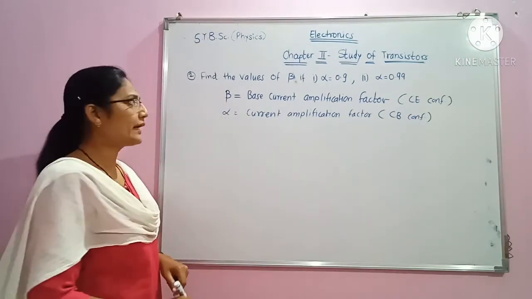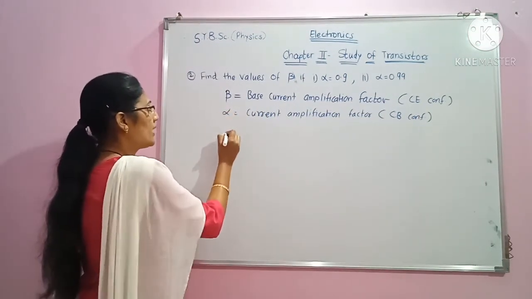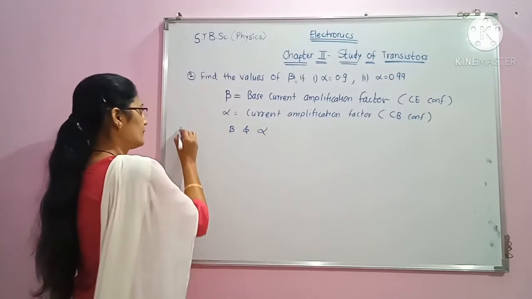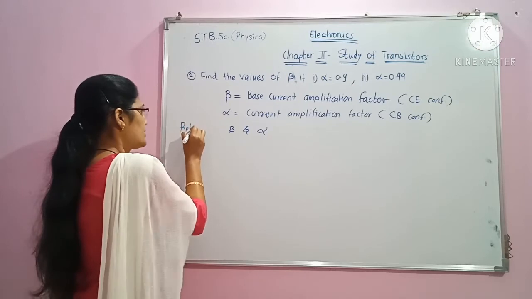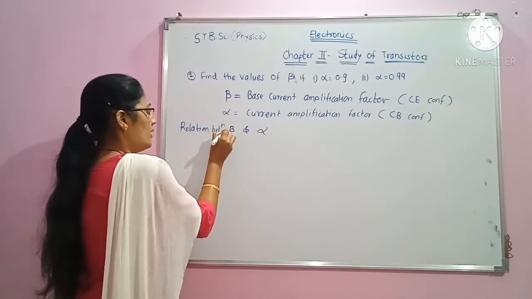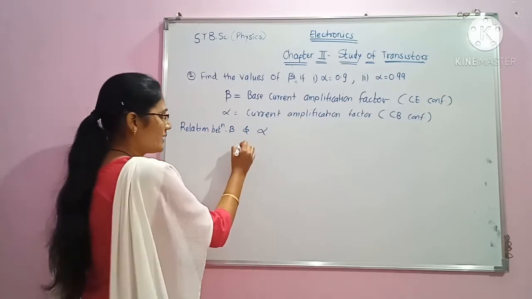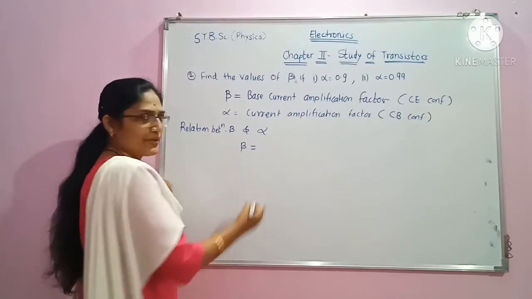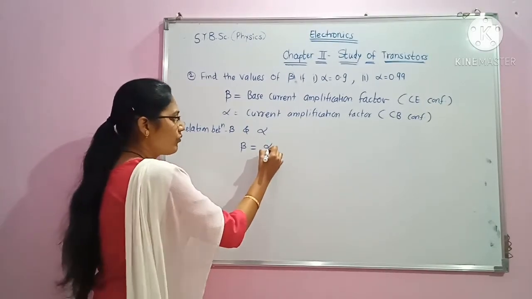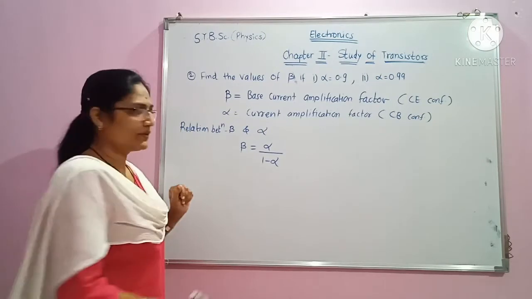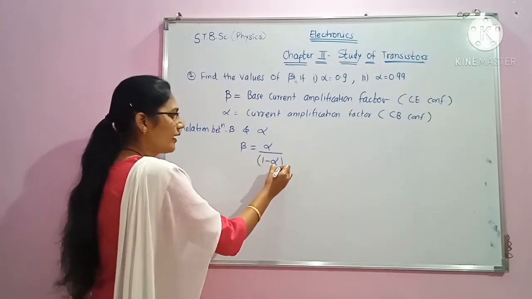And we know that the relation between beta and alpha is given as: base current amplification factor beta is equal to alpha divided by 1 minus alpha. This is the value of beta.